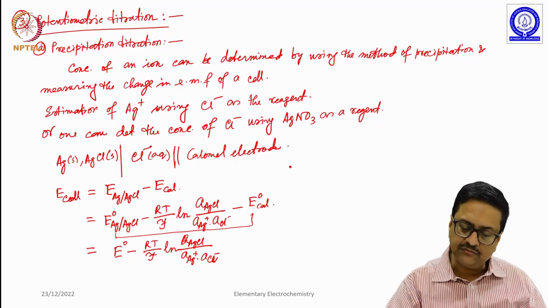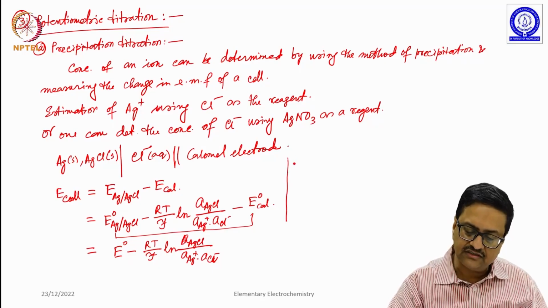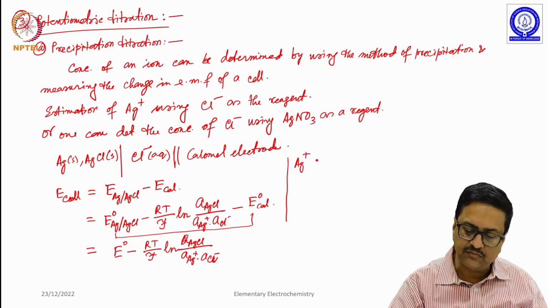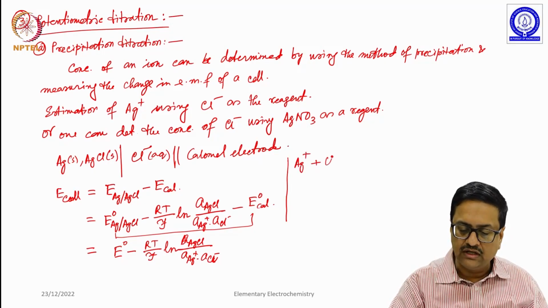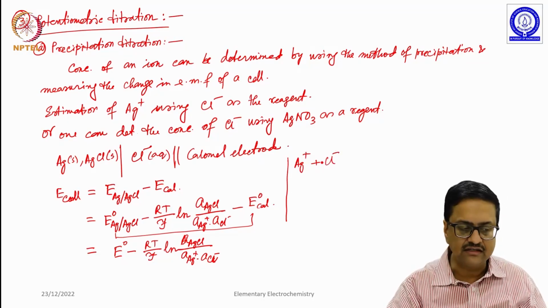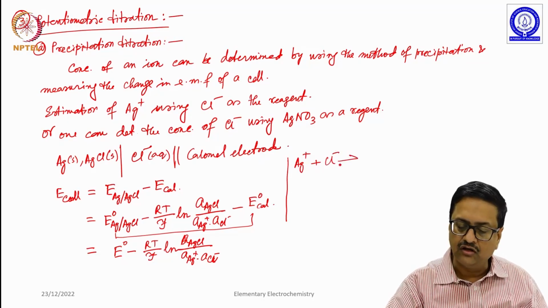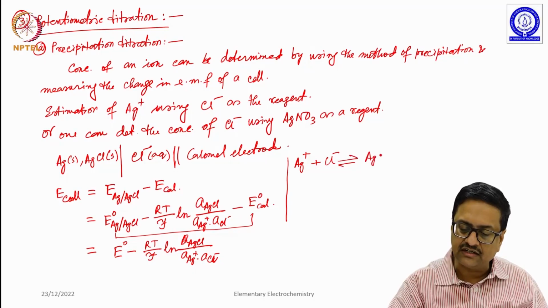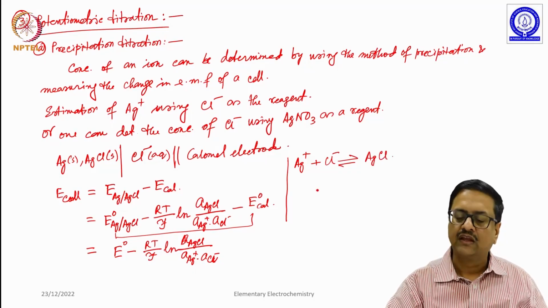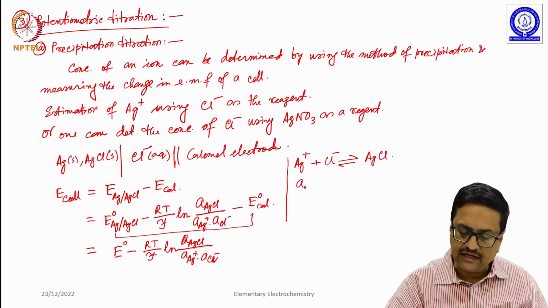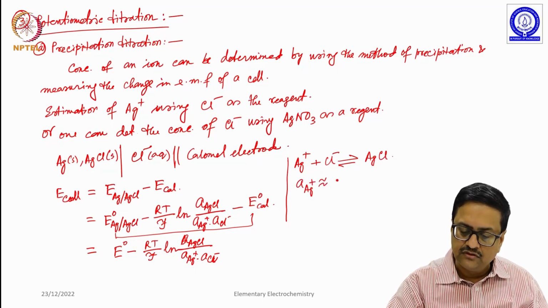So, now in this type of reaction, what happens is, as soon as you add any Ag plus to a solution which contains a large quantity of chloride, almost everything gets precipitated as AgCl. So, which essentially means that activity of Ag plus is nearly equal to the activity of AgCl.